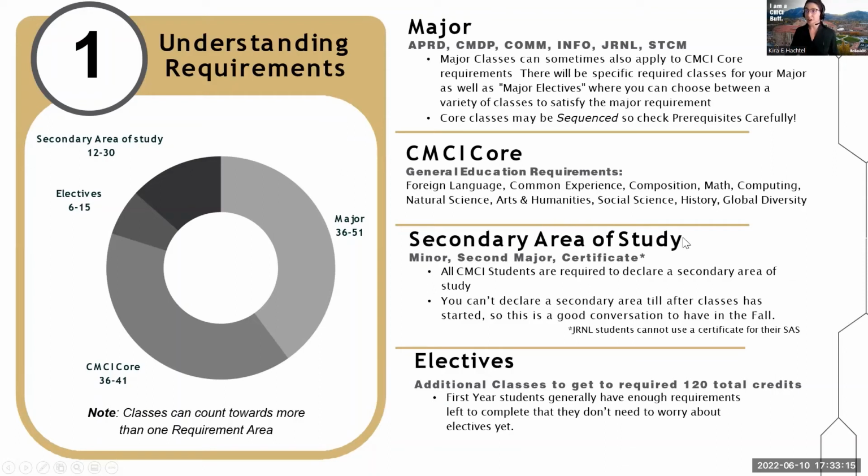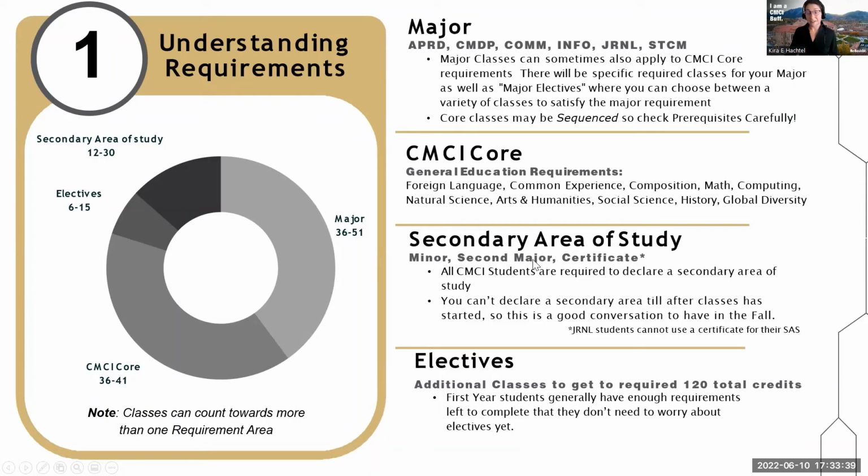The next component of your degree in CMCI is your required secondary area of study. Students generally don't declare their secondary area of study until the end of their sophomore year. If you already know what you want to do, that's wonderful, but you cannot declare a secondary area of study until after classes have started in August.